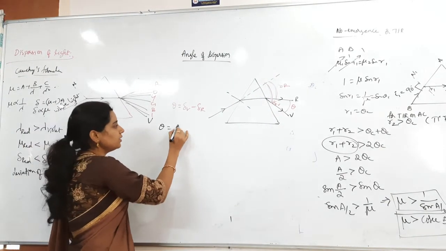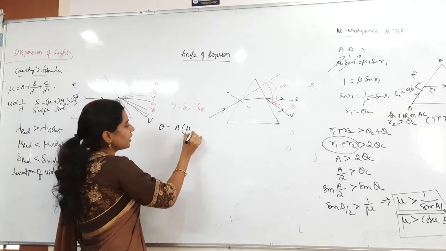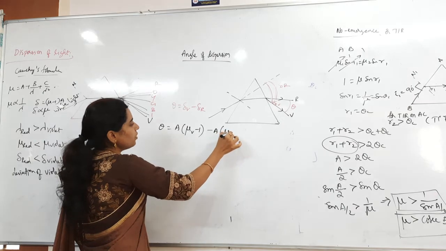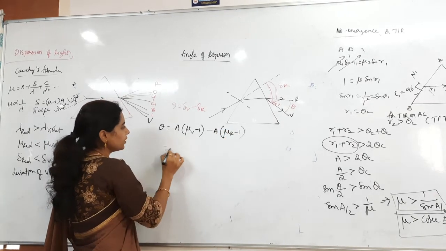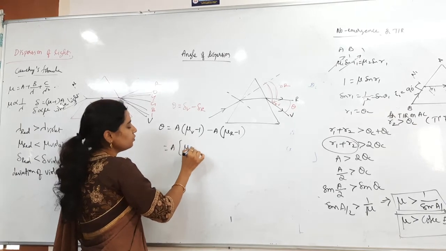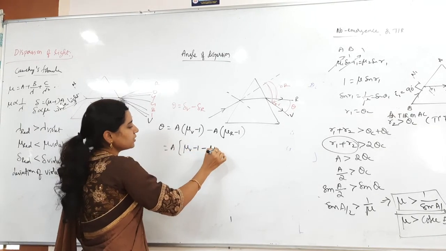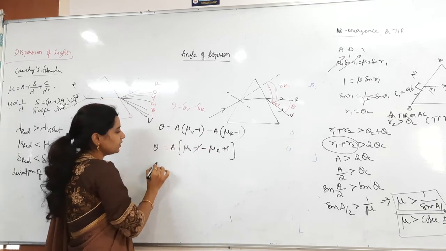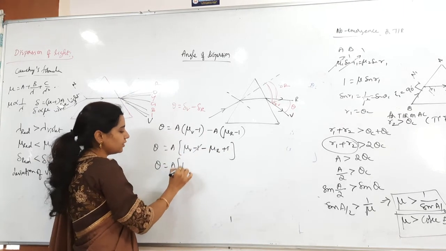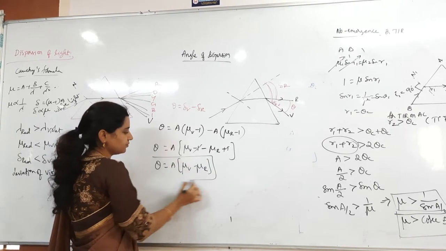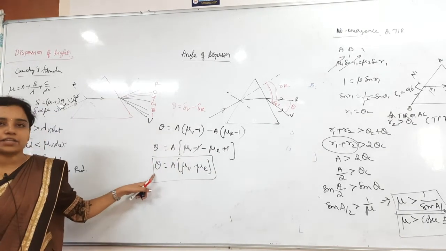So A into (mu of violet minus 1) minus A into (mu of red minus 1). A is common, and mu V minus 1 minus mu R plus 1, minus 1 plus 1 gets cancelled. Theta is equal to A into (mu V minus mu R). This is the angle of dispersion.